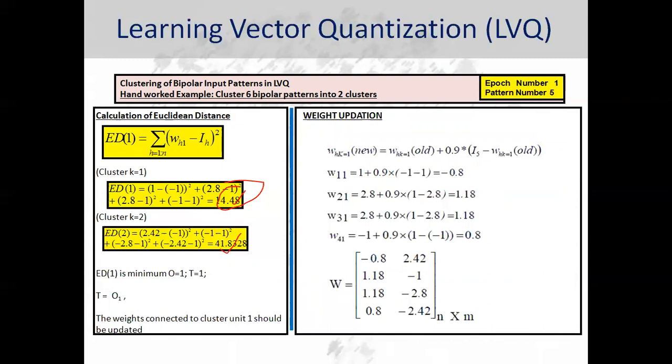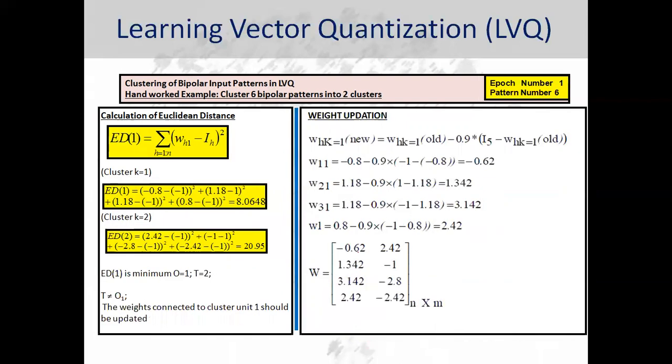Its weights are strengthened using this formula, which come out to be these, and your latest weight matrix will be this. So take this weight matrix to your pattern number 6 and again find the Euclidean distance, which comes out to be 8.06 for cluster number 1, 20.95 for cluster number 2. So the clear winner is your cluster number 2, but the actual class of pattern number 6 is 1. So again there is a mismatch.